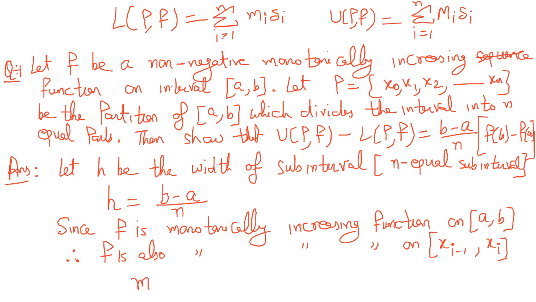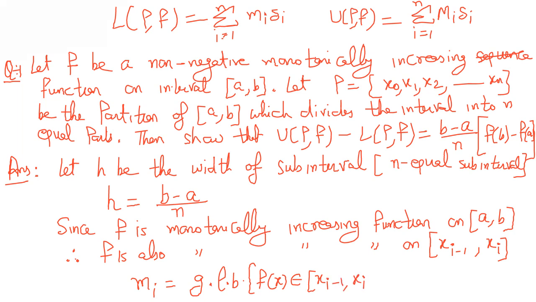Now mi, what is mi? mi is your greatest lower bound, that is, the glb of f of x where x belongs to x(i minus 1) comma xi.